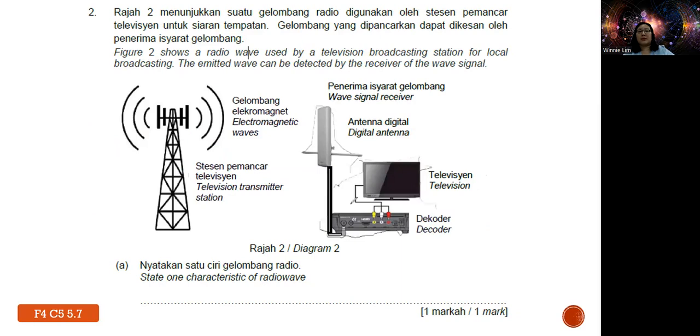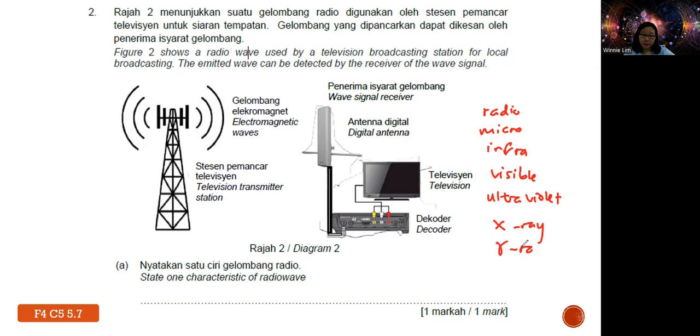Generally, this radio wave comes from the 7 electromagnetic waves. If you remember, they start with radio, then microwave, then infrared, then visible light, and then ultraviolet, then X-ray, and also gamma ray.